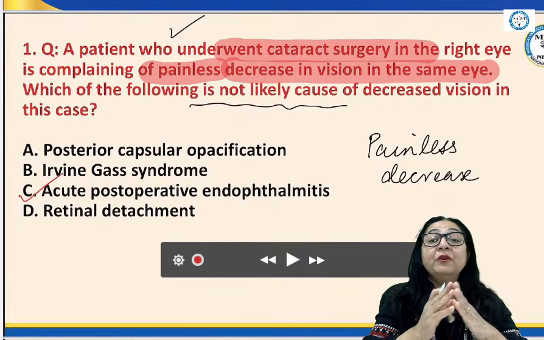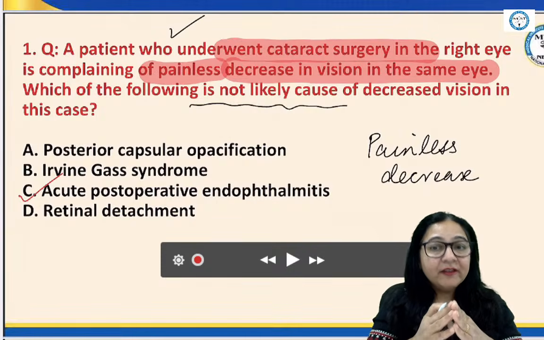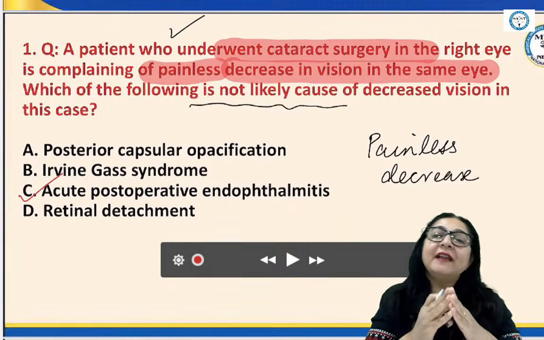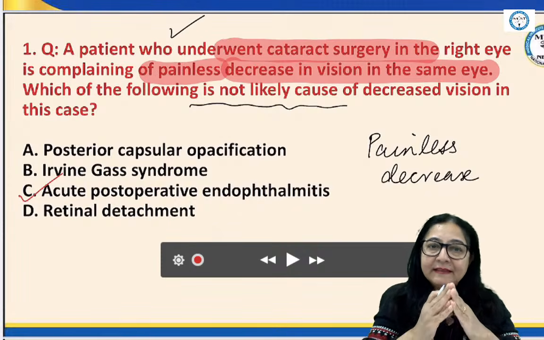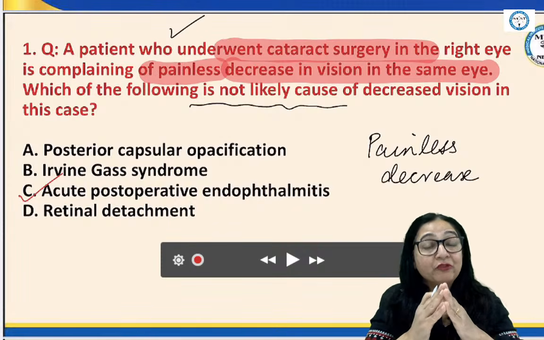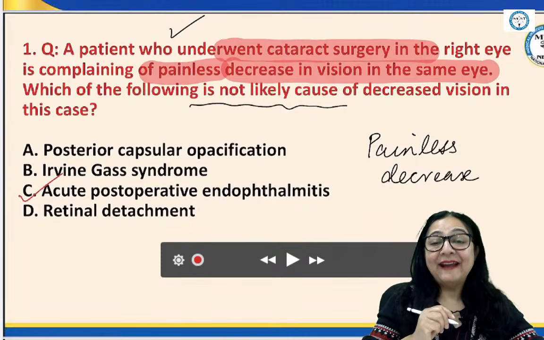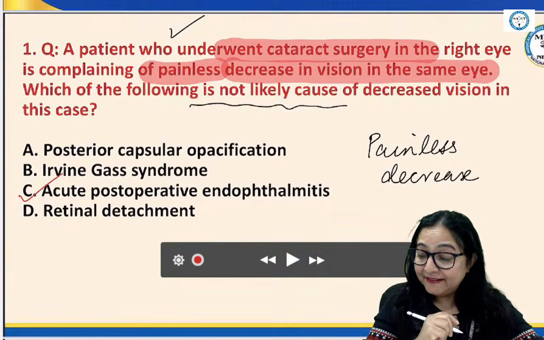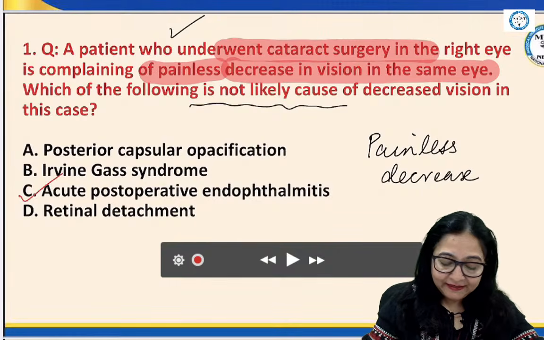Acute endophthalmitis, because that is a suppurative inflammation and infection after the cataract surgery, in which there is inflammation in the anterior segment and inflammation in the posterior segment. So that causes painful red eye with decreased vision. So that is how we are able to reach the answer in this question, beta.